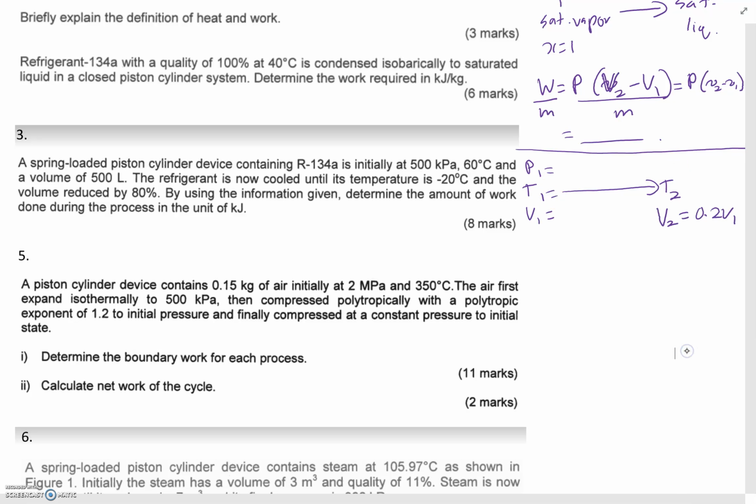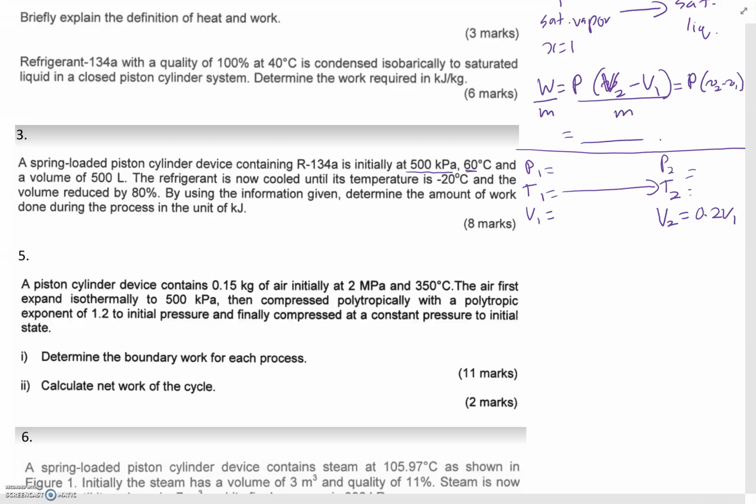First of all, you need to identify the phase. This is refrigerant, and you are given P1 equals 500 kPa and 60 degrees Celsius. You can use both, but it's okay.